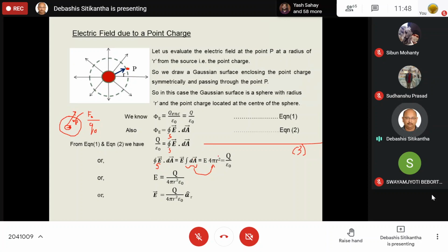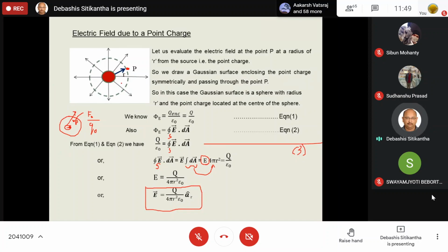So E times 4 pi r square is equal to Q by epsilon 0. We are interested to find this E. So by some mathematical manipulation, you can see E is equal to Q by 4 pi r square epsilon 0. Or in vectorial form, we can write E vector is equal to Q by 4 pi epsilon 0 r square, a r cap.